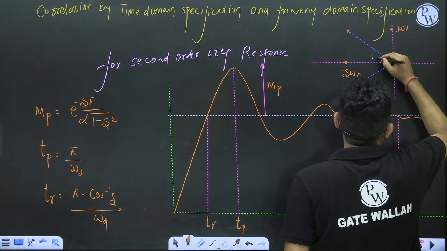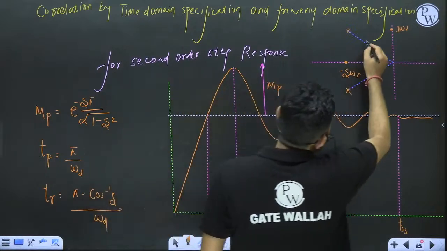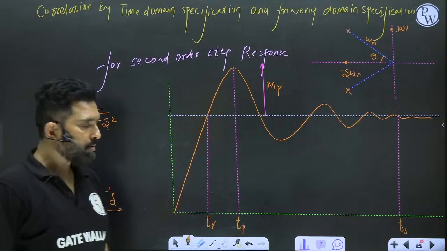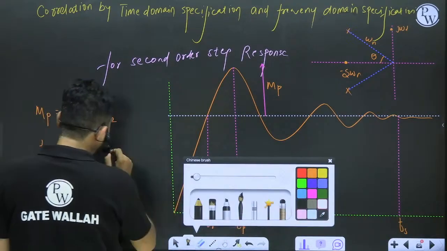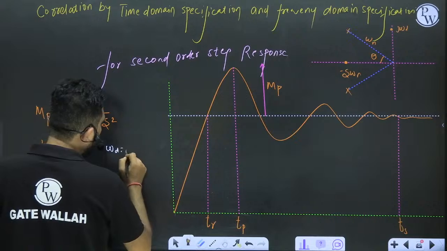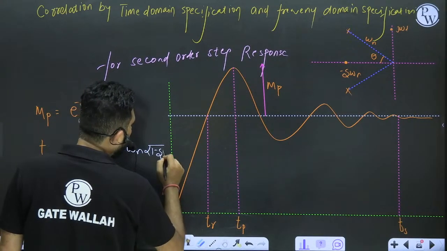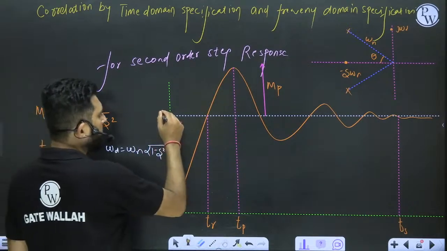I am calling this angle theta. So this distance I am calling omega n. And omega d comes out to be omega n root of 1 minus zeta square. This is having a maximum value of 1.